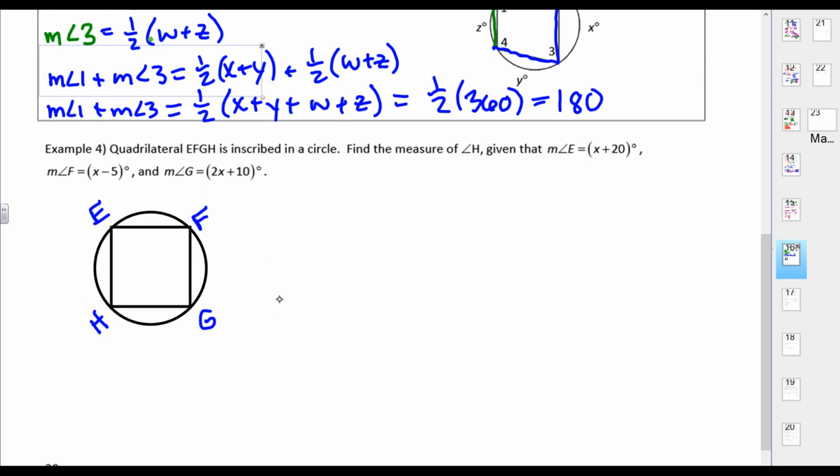I want to find the measure of angle H, given that the measure of angle E is x plus 20. The measure of angle F is x minus 5. The measure of angle G is 2x plus 10. So I'm going to start off by finding E and G, because they're opposite each other. So I know that the measure of angle E plus the measure of angle G must equal 180.